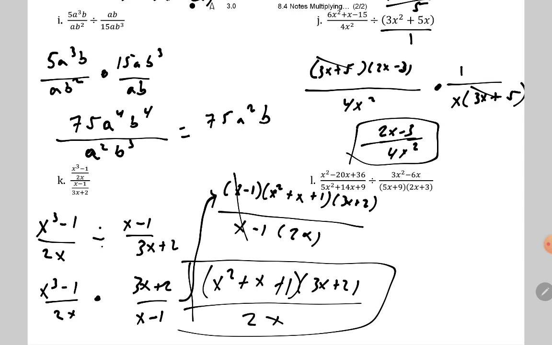Part L. Oh my. That is a lot to do in there. So, L. This is going to be factoring into (x minus 2)(x minus 18). That's the top left. Okay. So remember, we're flipping these over.